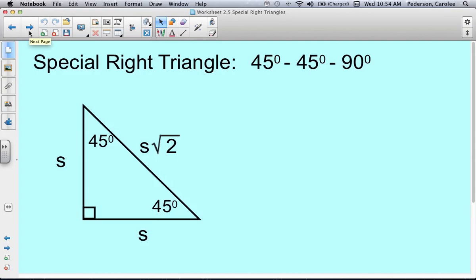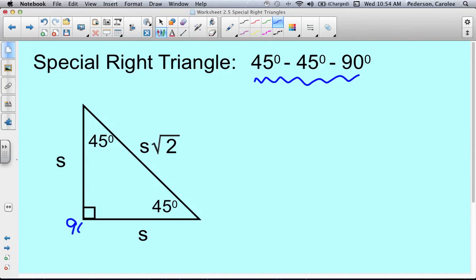The first special right triangle is a 45, 45, 90 degree special right triangle. The picture here shows 90 degrees, 45 degrees, 45 degrees.